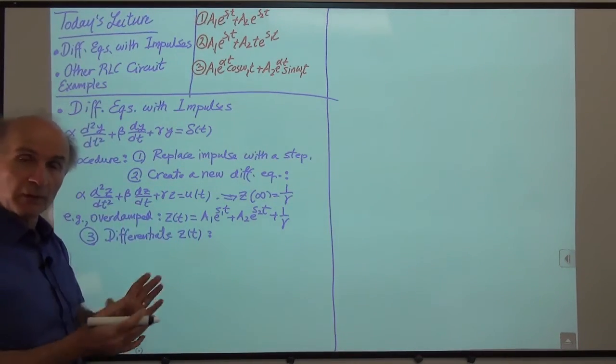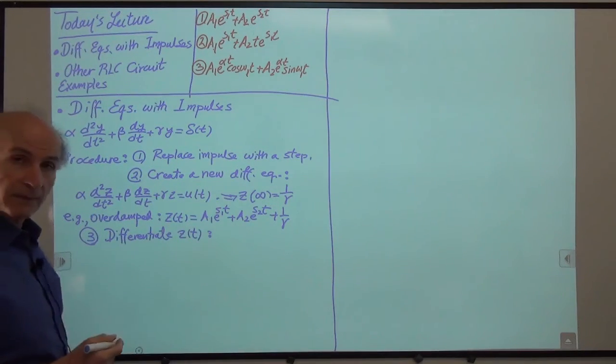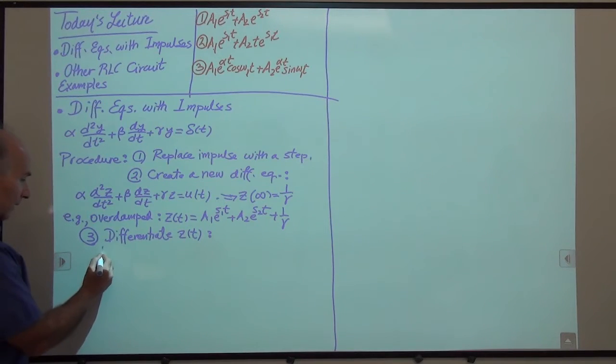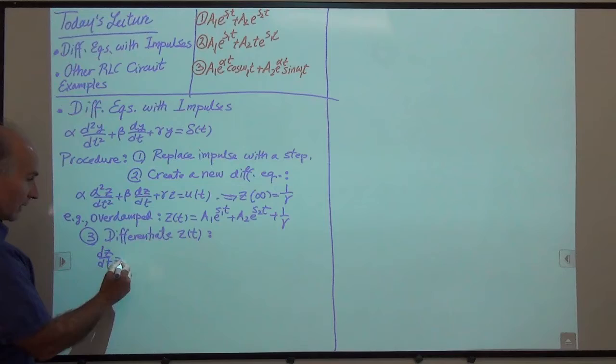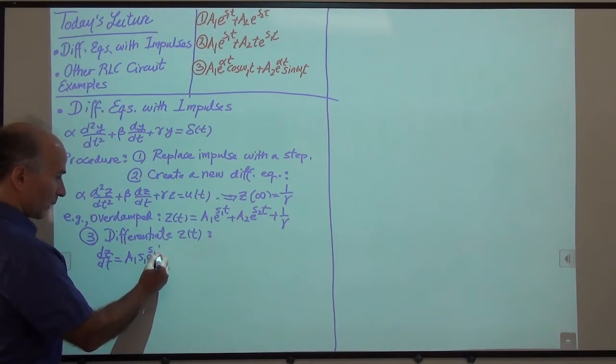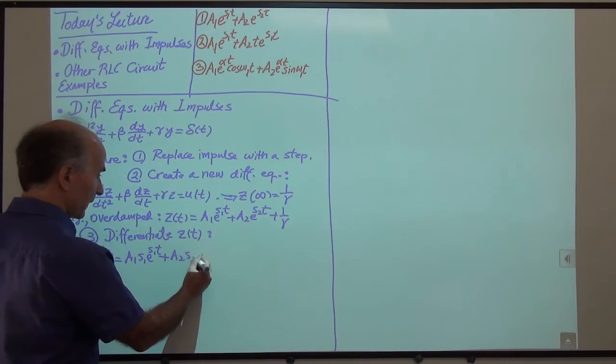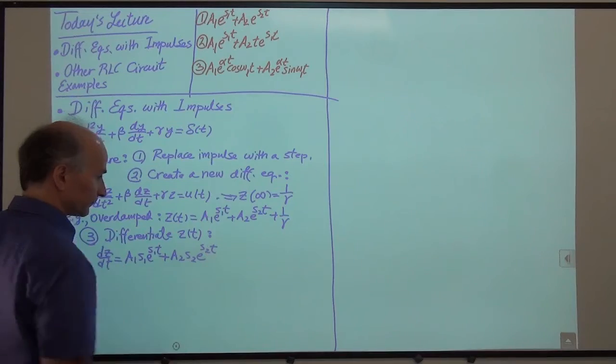We won't bother with the details, but here's the procedure. So we're going to take the derivative of this, right? So we say dz over dt is equal to a1 s1 e to the s1t plus a2 s2 e to the s2t.